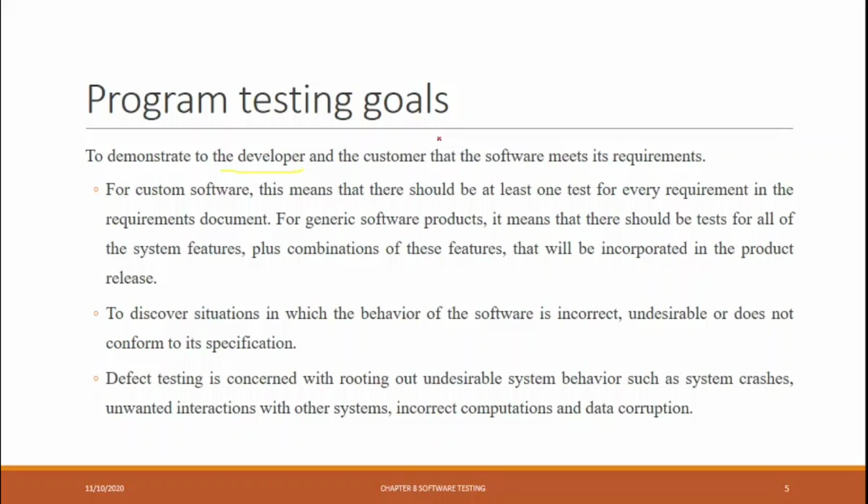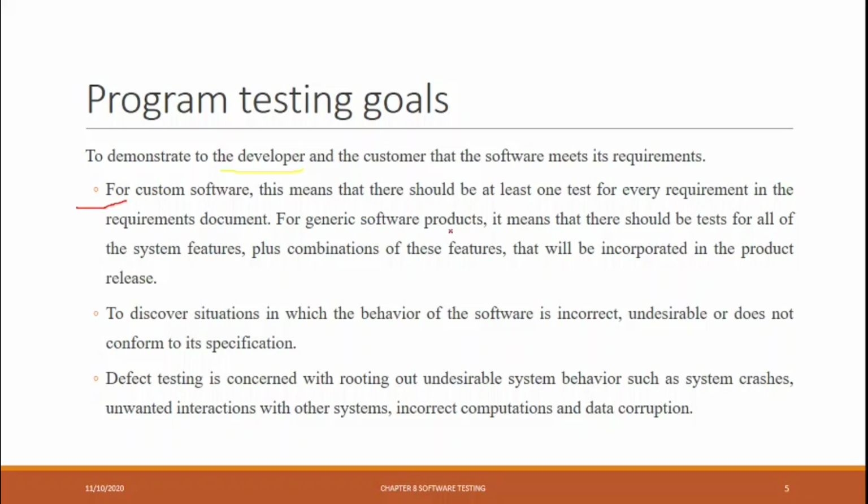And here you can consider there are two distinct goals of the testing process. In the examination they can also ask what the distinct goals of the testing process are. So one is for custom software: this means that there should be at least one test for every requirement in the requirements document.